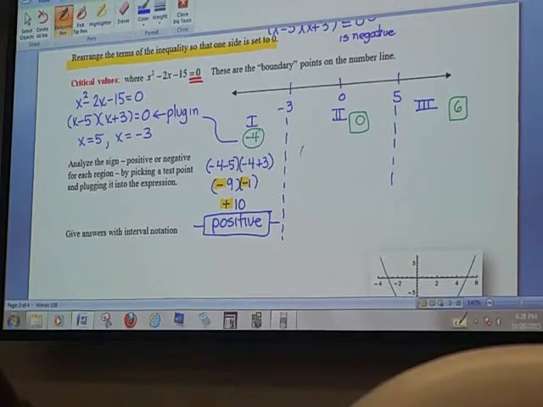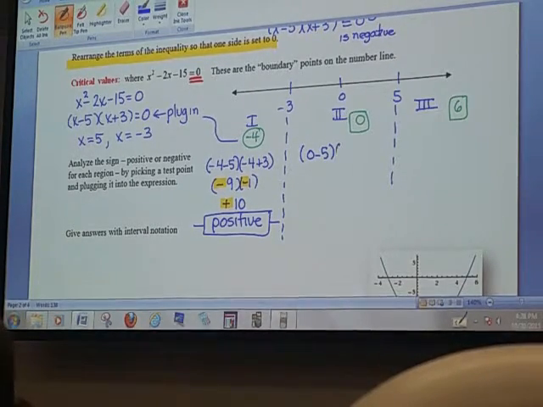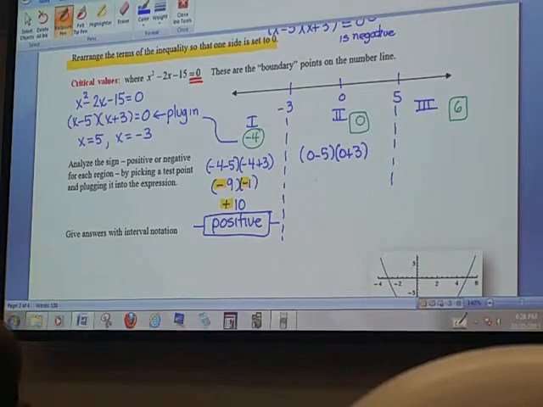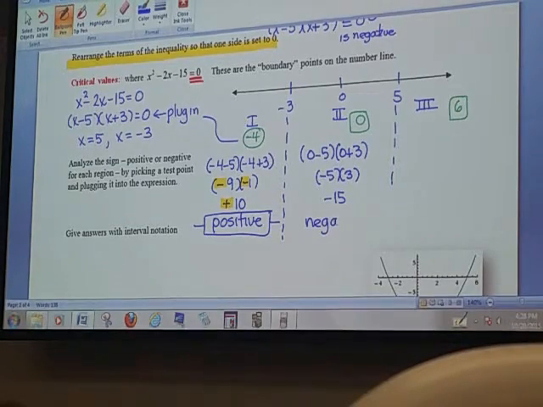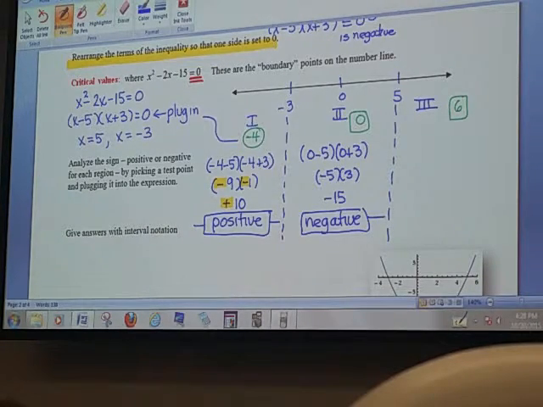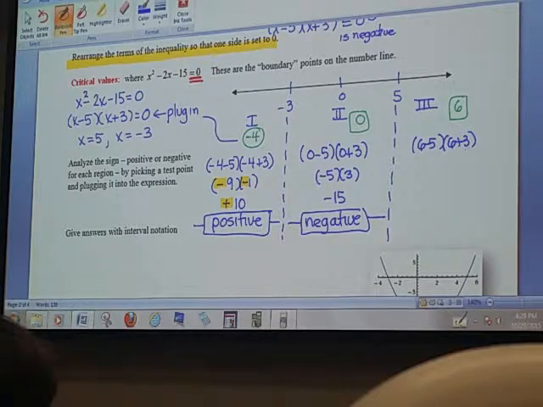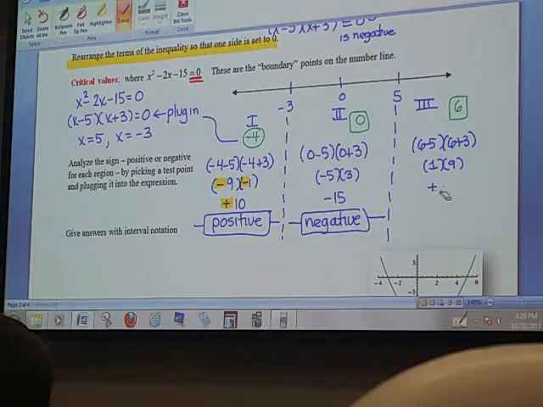If I plug 0 in, I'm going to get a negative answer. So everything I plug in from here to here gives me a negative answer. And then when I plug in 6, I'm going to have 1 times 9, it's going to give me a positive 9.